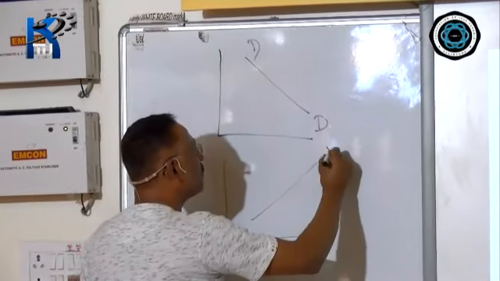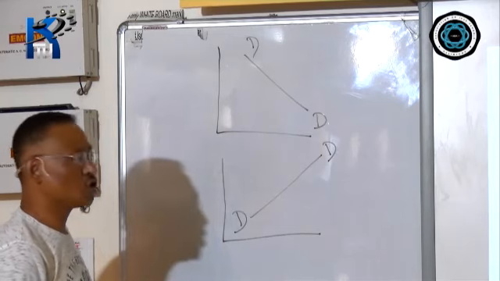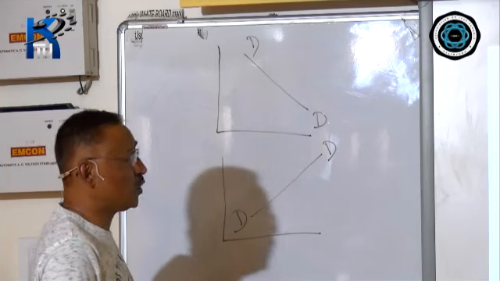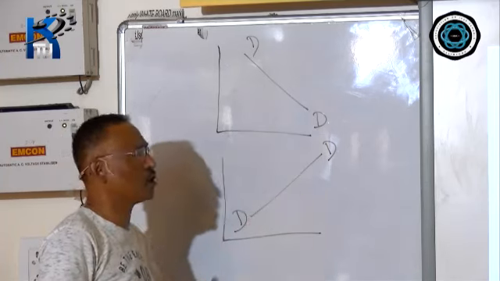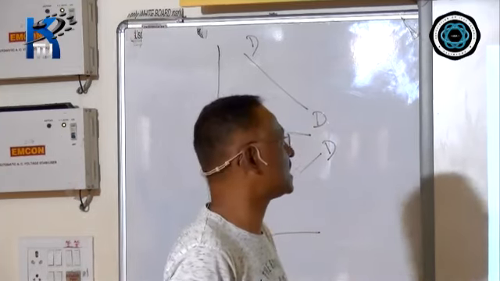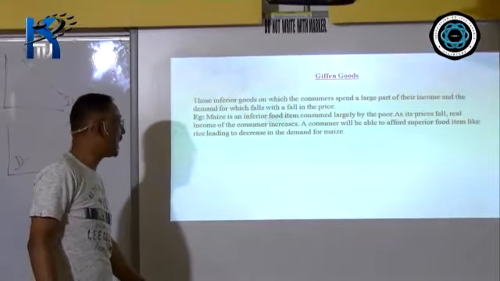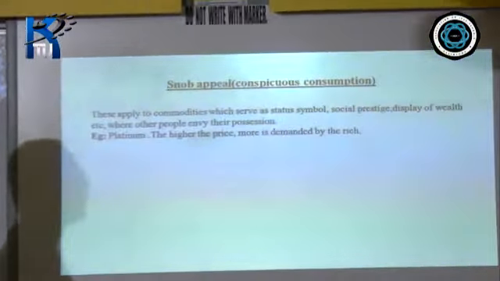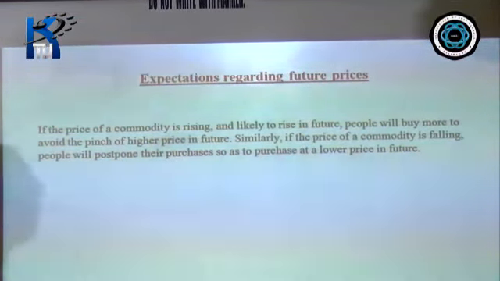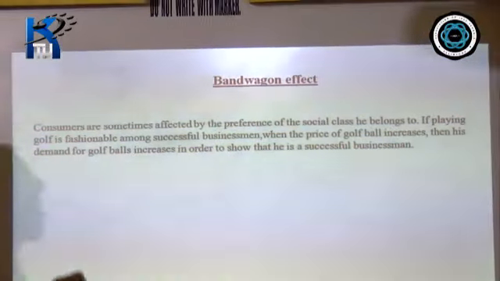The demand curve will also be positive sloping sometimes. So what are the exceptions? What are the cases in which the demand curve is positive sloping? In the next class, I'll discuss why the demand curve is positive sloping. We have Giffen's good, we have snob appeal, we have expectation regarding future prices, Veblen effect, and a gist of bandwagon effect.